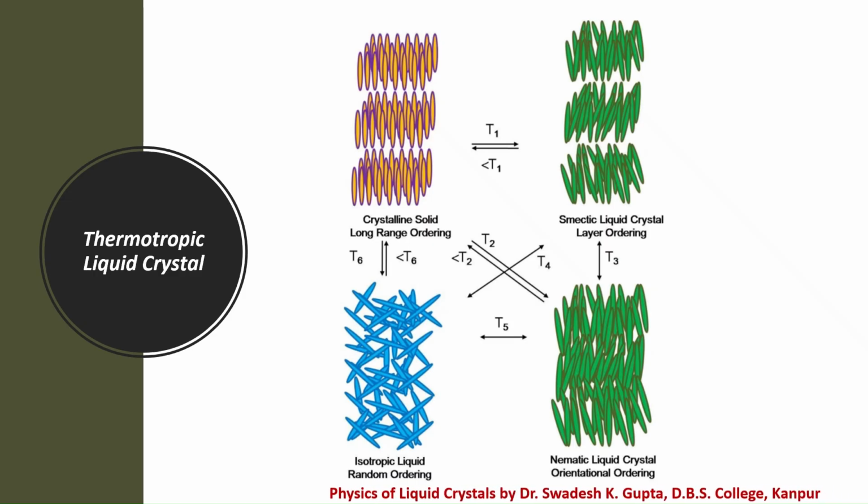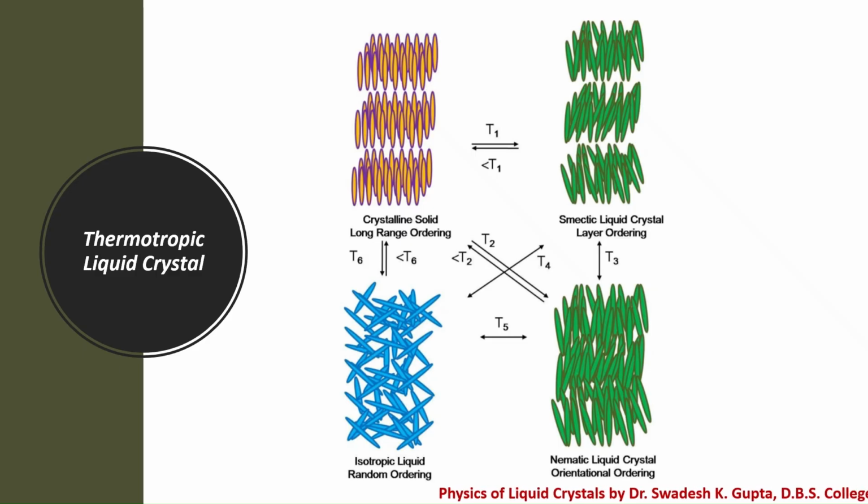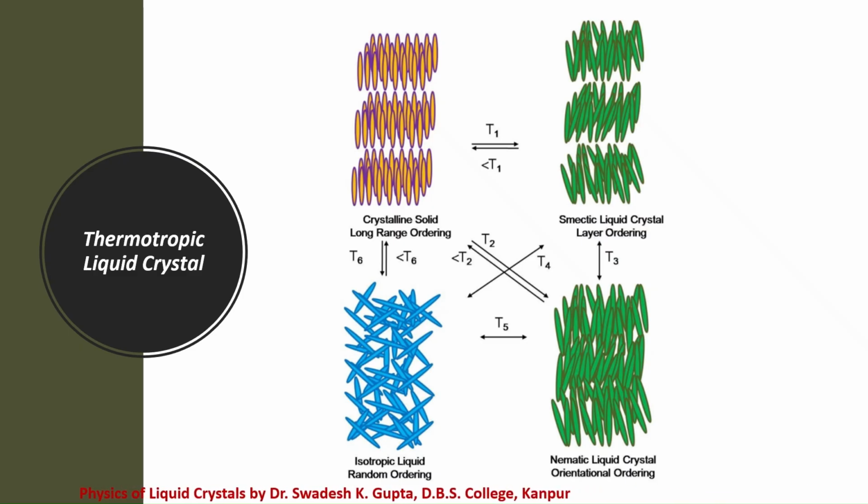So again, revise this. When the liquid crystal phase or mesophase appears only while cooling, then it is called a monotropic phase. And when the liquid crystal phases appear both on cooling and on heating, then it is called enantiotropic.